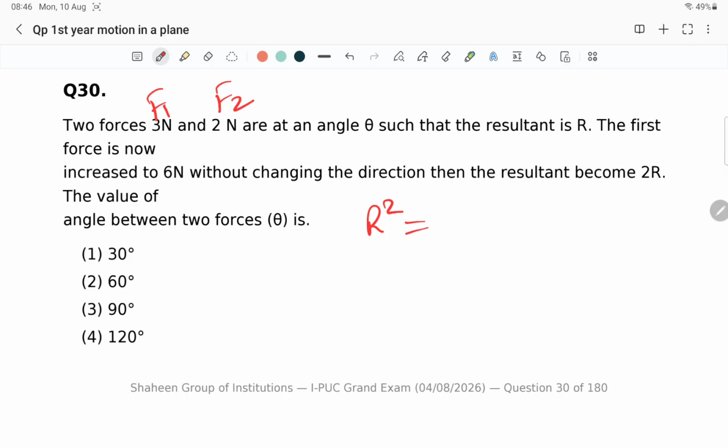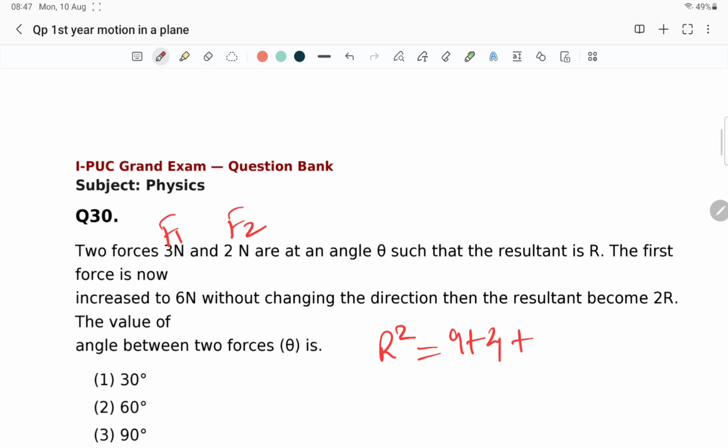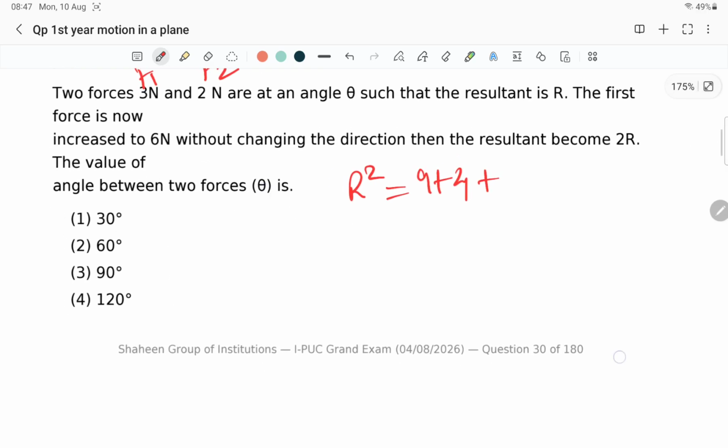Taking R square, the right hand side is F1 square plus F2 square plus 2 F1 F2 cos theta. F1 square is 9 plus F2 square is 4, that is 3 square plus 2 square, plus 2ab, which is 2 times 3 times 2, that is 12 cos theta. We don't know theta, so R square is 13 plus 12 cos theta.